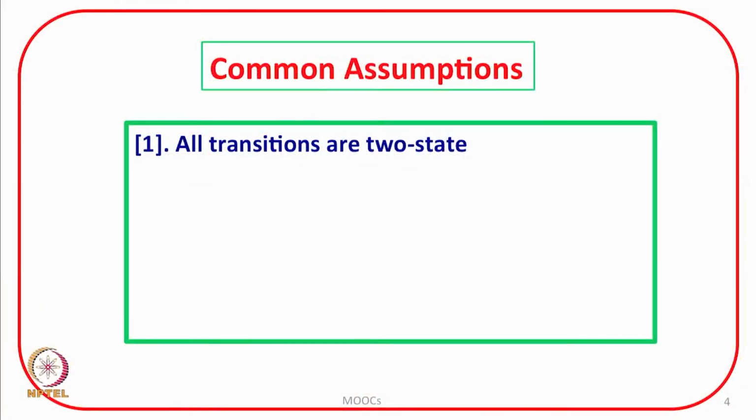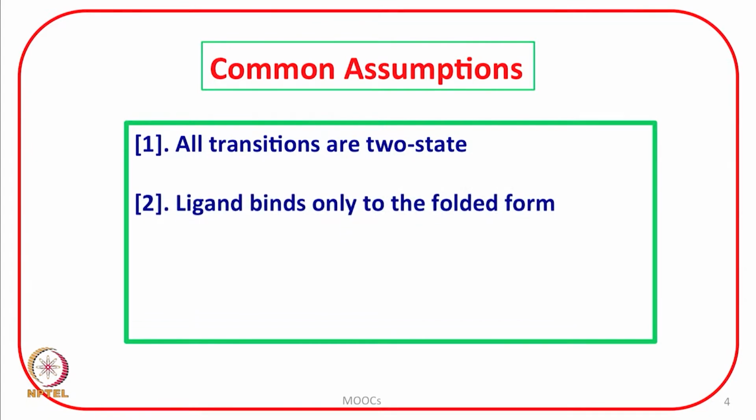The common assumptions which we will make here are, one, that all the transitions are two state. We will not assume that there is an intermediate state, because that will make our treatment very, very complex. Let us start with the simple treatment. The second assumption is that a ligand binds only to the folded form.